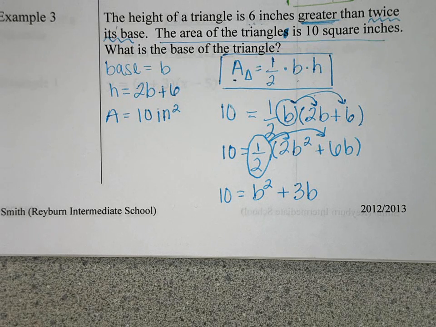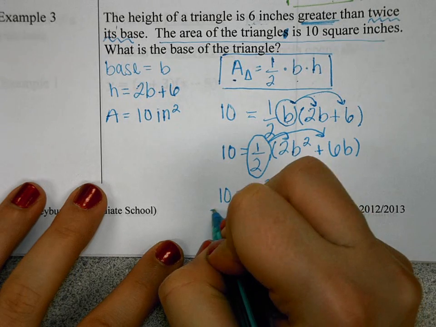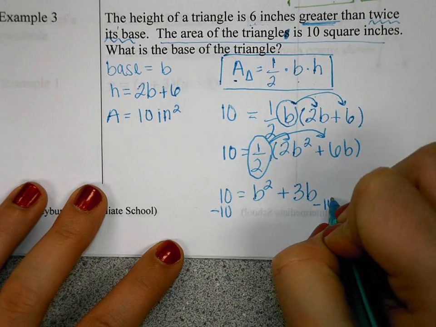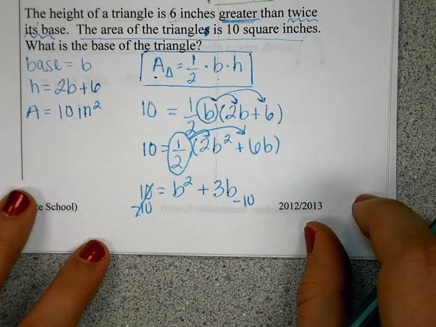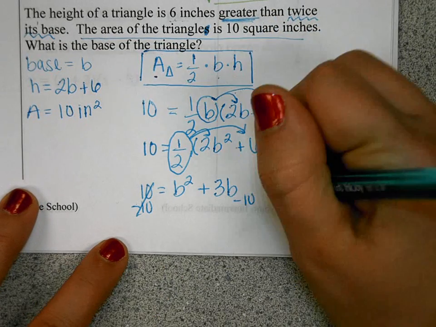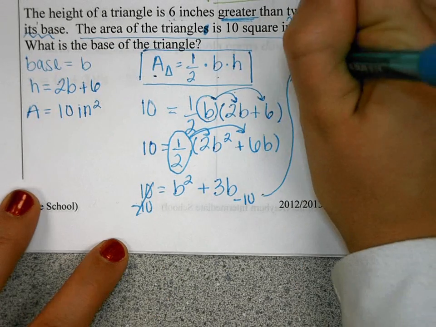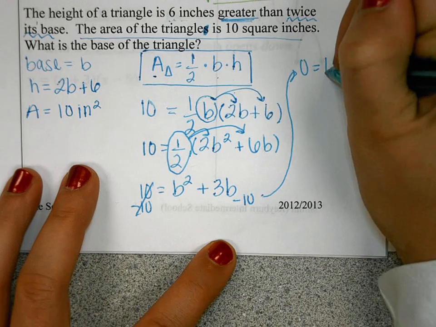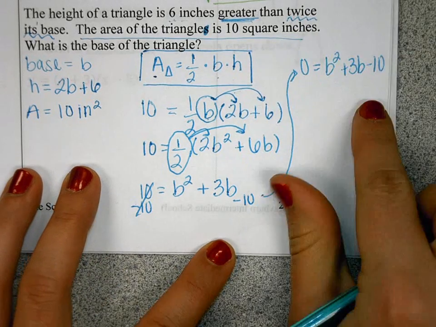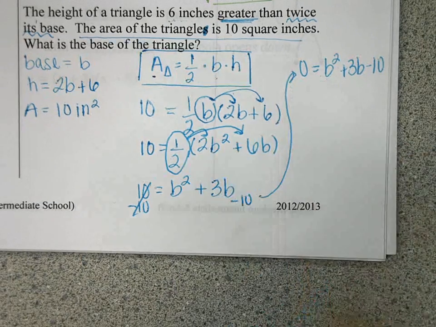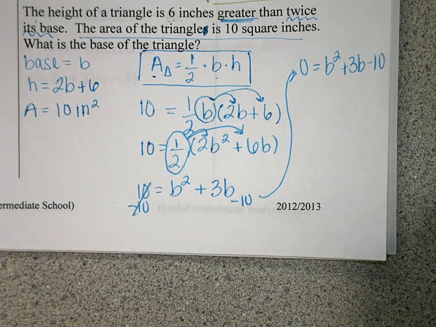So what would I subtract? Yeah, I would subtract 10. So now I'm going to switch this over: 0 equals b squared plus 3b minus 10. It doesn't matter that the 0 is on the left and not on the right. The work is still the same.